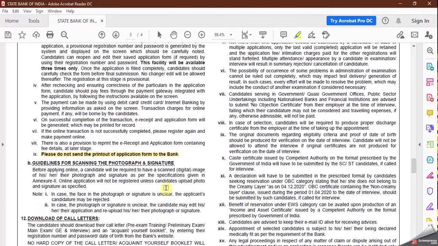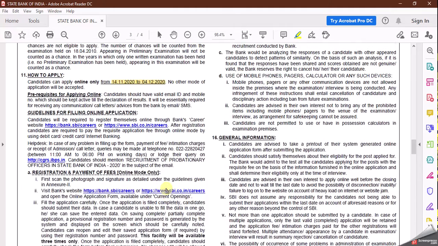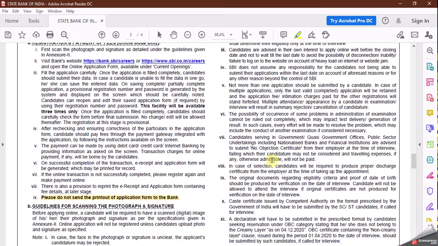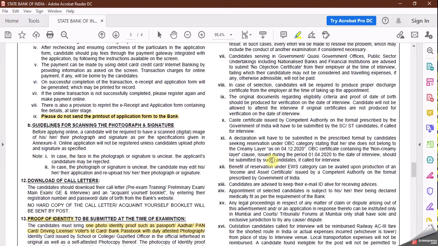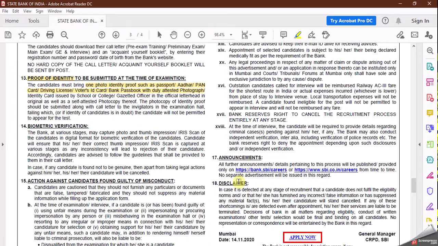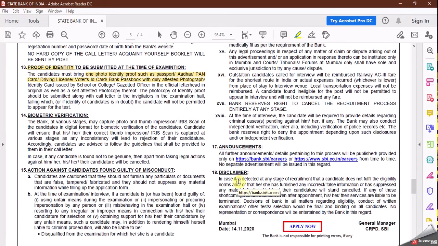I believe this is a very good opportunity for those who are looking to join India's public sector bank, and the vacancies are also very good. Every year SBI is coming up with roughly 2000 vacancies. So I think you all should apply for this examination, as the eligibility is any graduate.